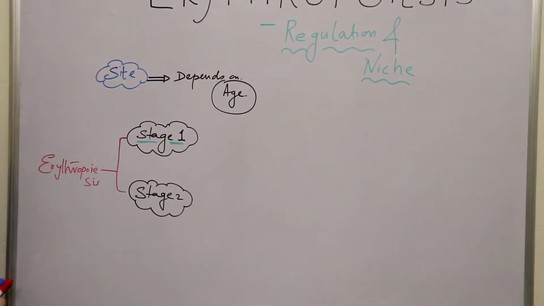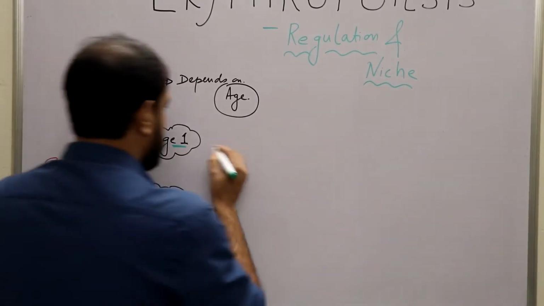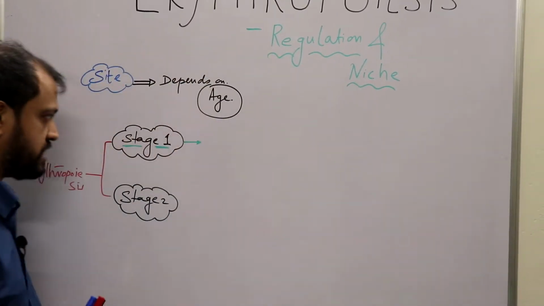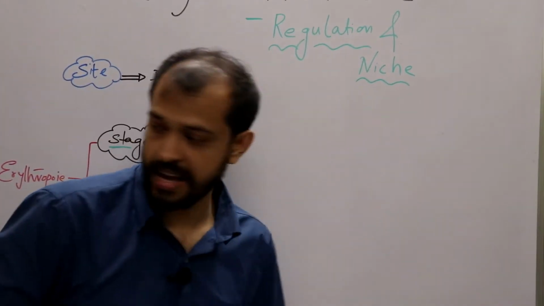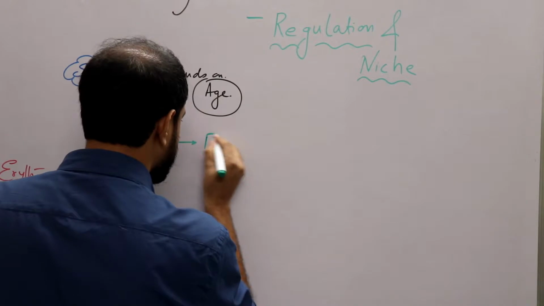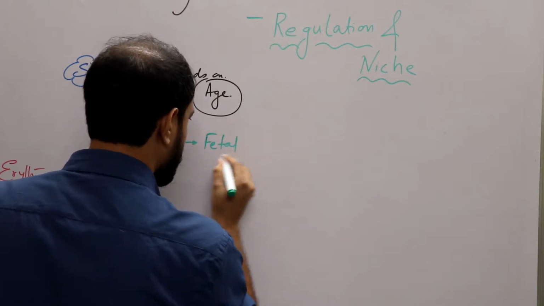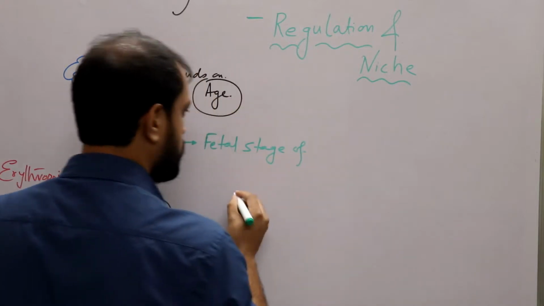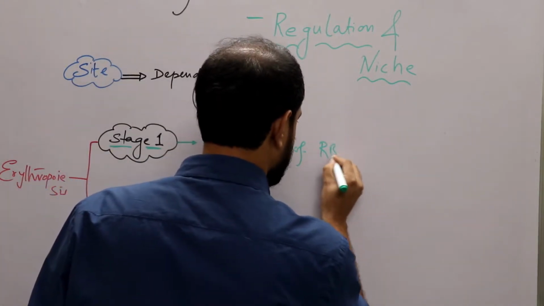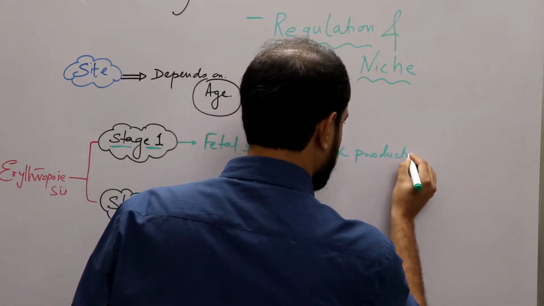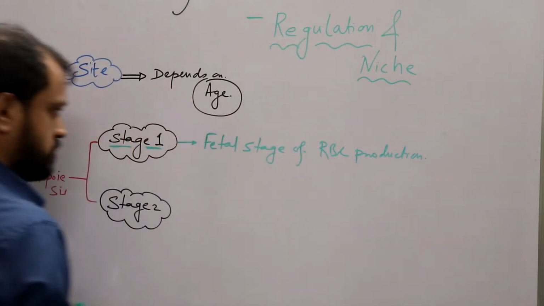Stage 1 is also known as the fetal stage of RBC production.